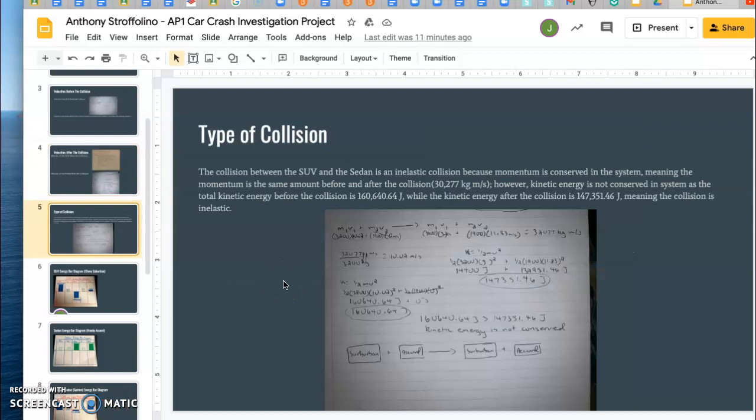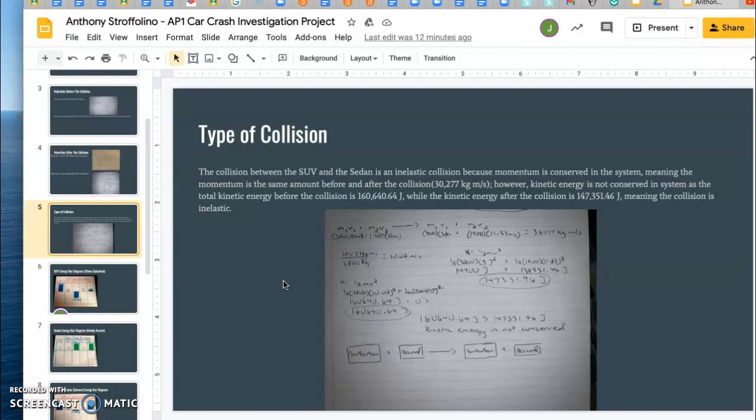The type of collision is an inelastic collision because while momentum is conserved, kinetic energy is not conserved. To prove that, you have to solve for kinetic energy, and you know that momentum is going to be conserved because it's a collision, and momentum has to be conserved regardless of the type of collision.